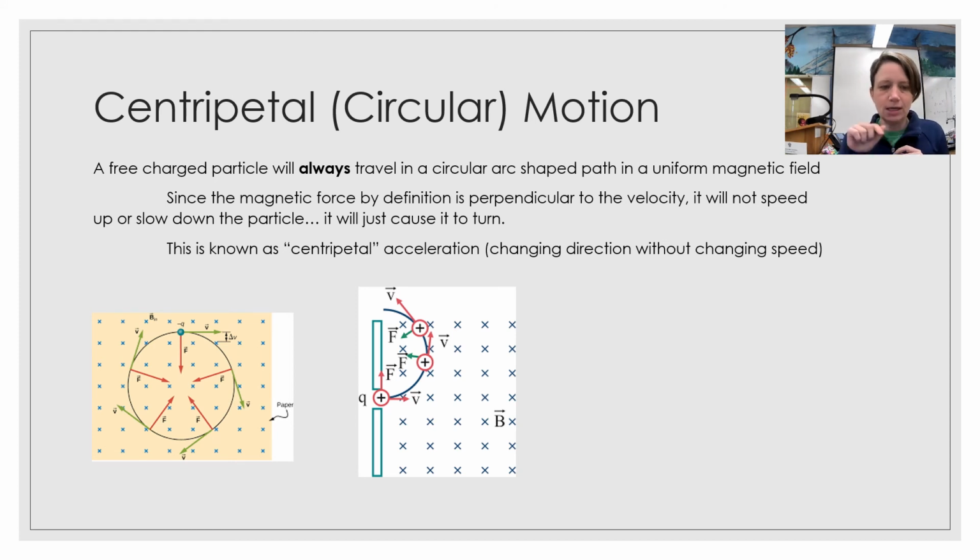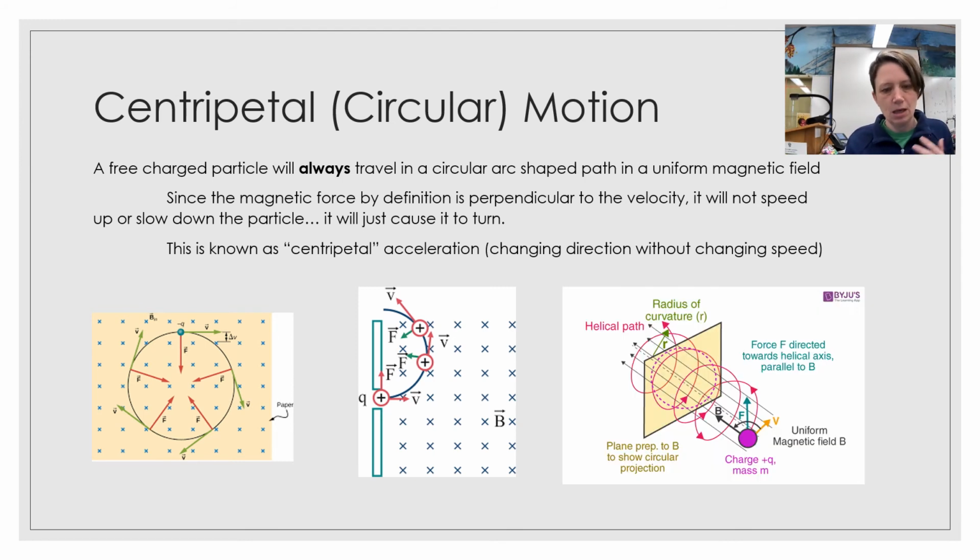But as soon as it gets into the field, it is going to travel in a circular path because, as you can see, the force on it is always perpendicular to the direction that it's moving. You could also have an example of, this is more complicated physics, but if the particle was moving at a weird angle instead of exactly perpendicular to the magnetic field, it would travel in a helical path, which is circular in one dimension. That's beyond the scope of the class. I just thought it was a cool image.